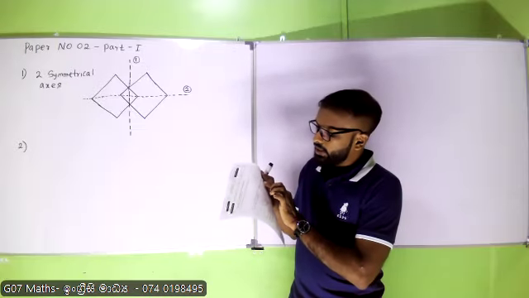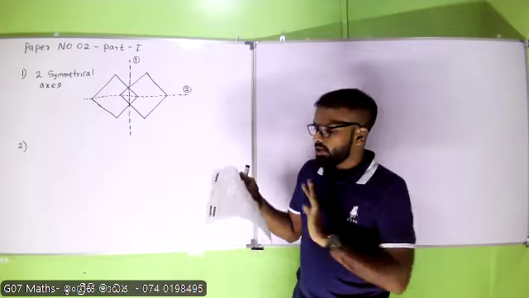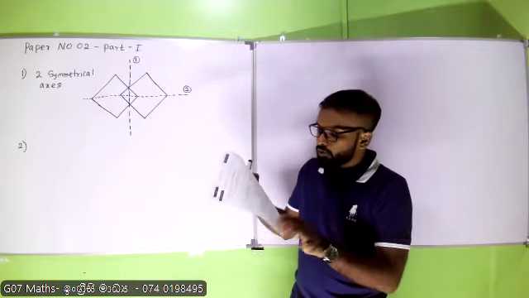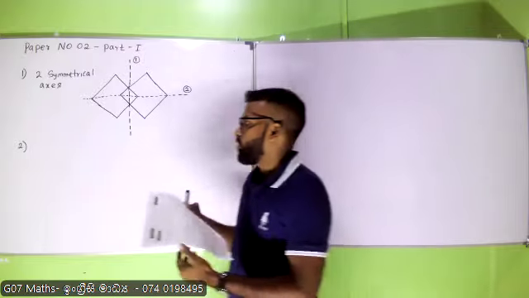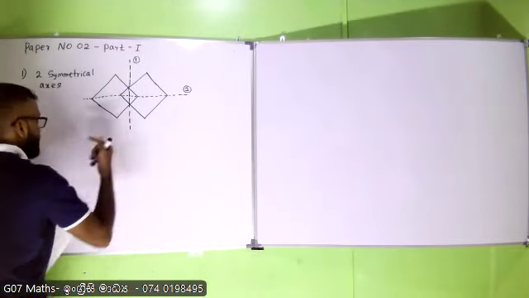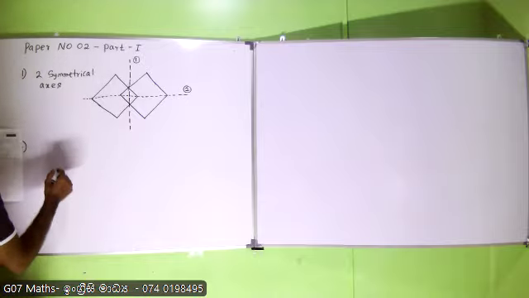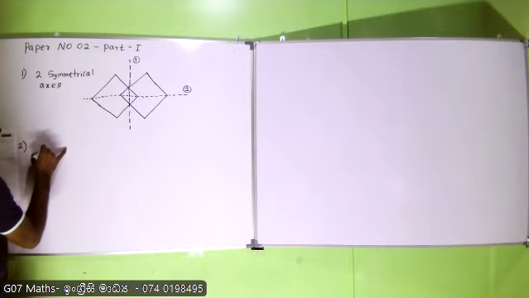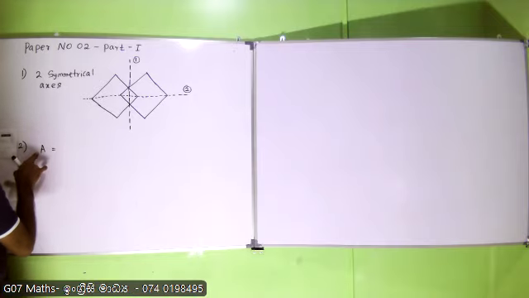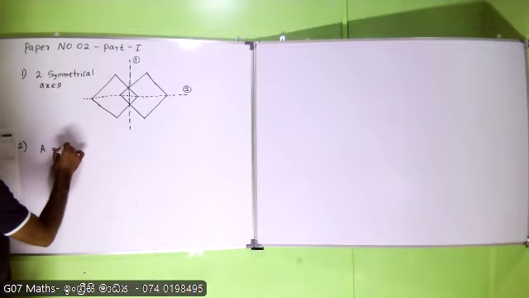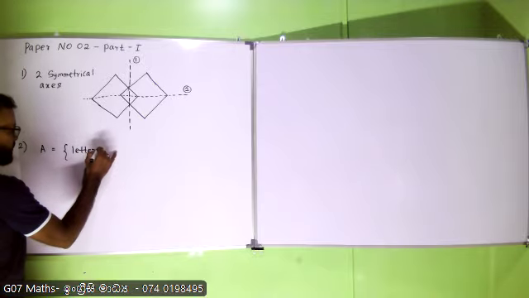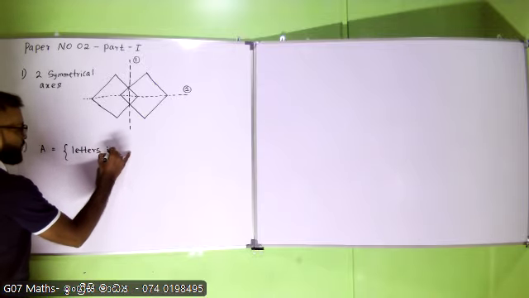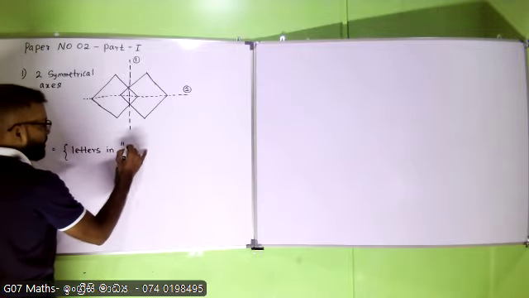Write down the set A with its elements and write down the number of elements of A. So we have been given something like this. This is set A, and it is the letters in the word Kahatagas Digiliya.